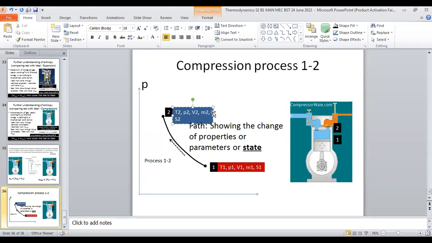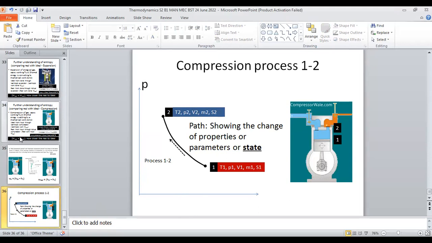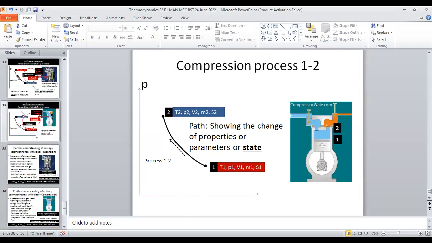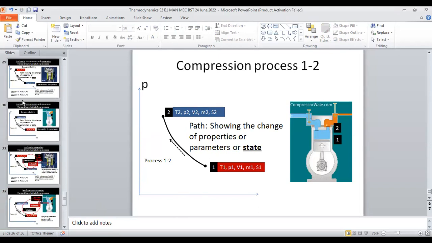I just put it. For isentropic, S1 is S2. If not, S2 is more than S1 because entropy is increasing. Non-isentropic, S2 is greater than S1. I mentioned that.